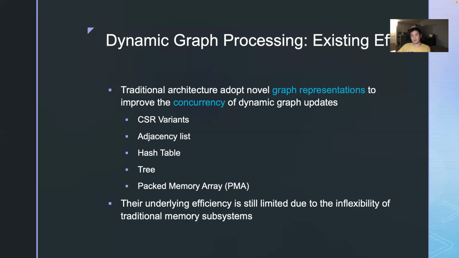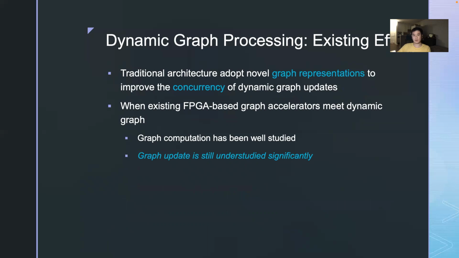Their underlying efficiency is still limited due to the inflexibility of traditional memory subsystems. Graph computation has been studied well in existing FPGA-based graph accelerators for dynamic graphs, while graph updates are still significantly understudied.